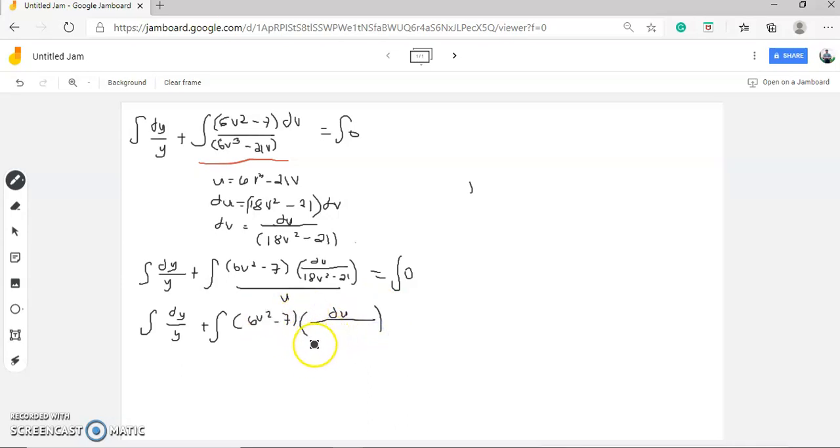Okay. If you could see 6v squared, you have v squared here. Your 21 is divisible by 7, right? Your 18 is divisible by 6.